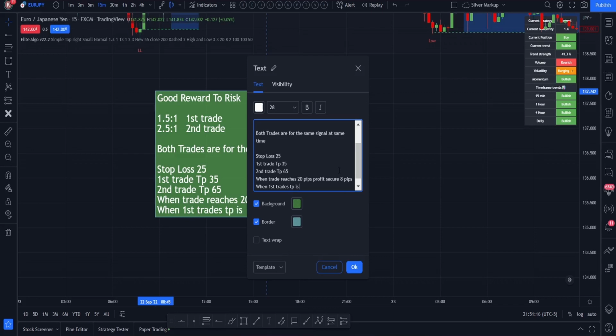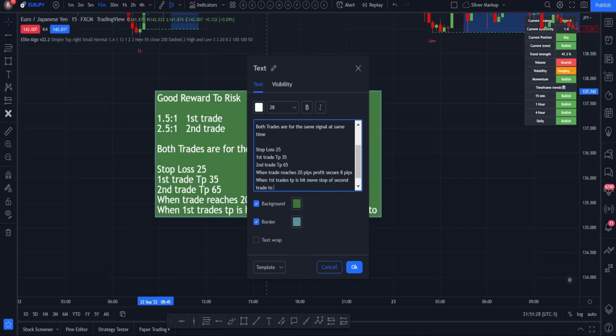And then when the first trade's TP is hit, move your stop loss of the second trade to 25 pips. So basically what happens with this is you have a 35 pip take profit on the first trade, and then you secure 25 pips.